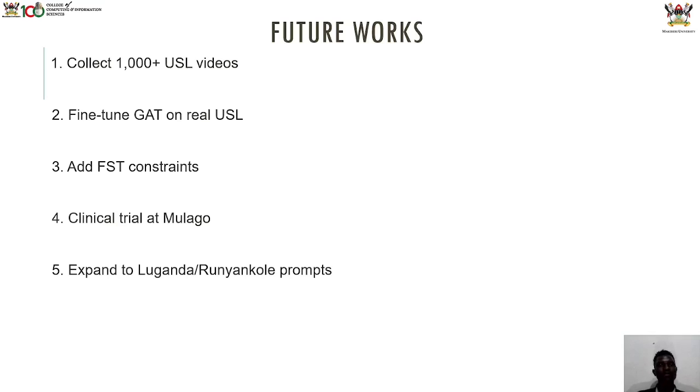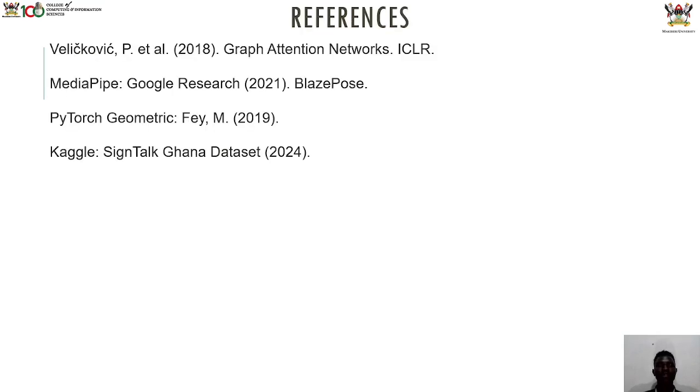As future work, we want to collect 1,000+ Uganda Sign Language videos, fine-tune the current graph attention model on real Uganda Sign Language, add FST constraints, and then do a clinical trial at Mulago for approval and testing. Later we're going to expand the Luganda and Runyankole prompts to also work, because currently it's only English. And then references.